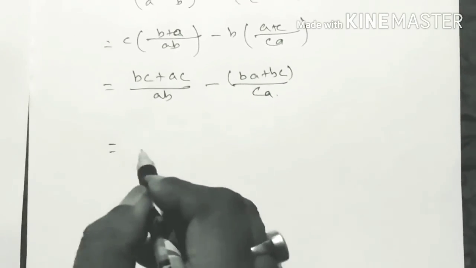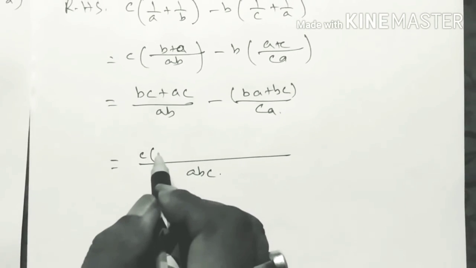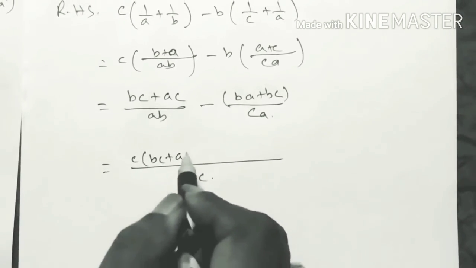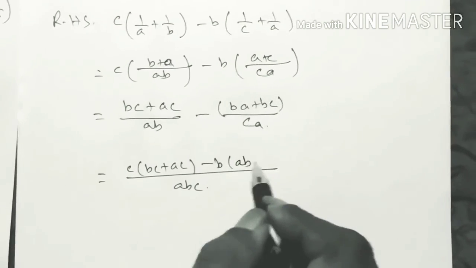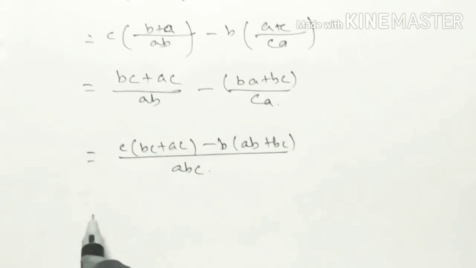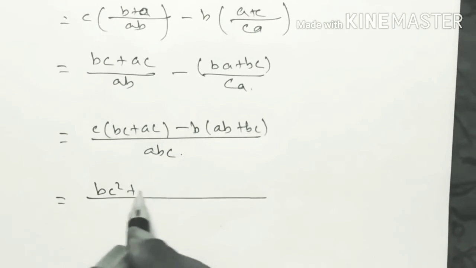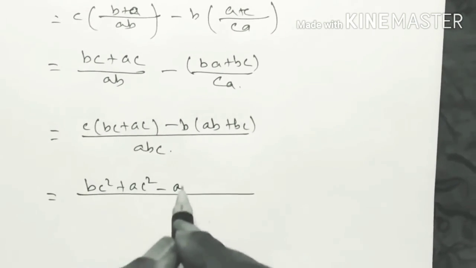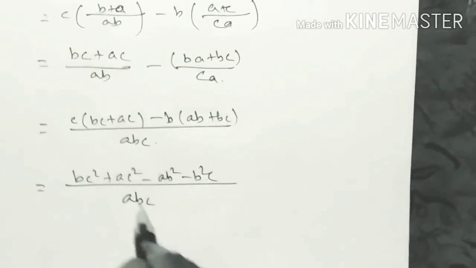Now your LCM is ABC, C bracket BC plus AC minus here B bracket AB plus BC. This is equal to BC square plus AC square minus AB square minus B square C by ABC.